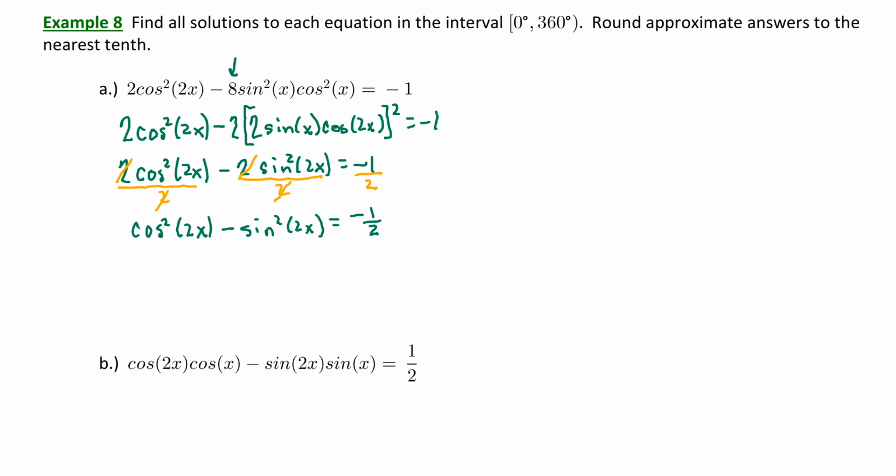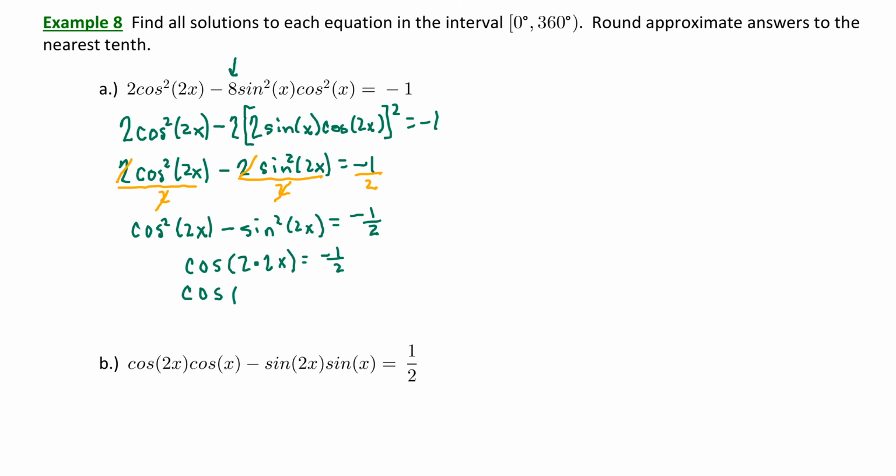But using our trigonometric identities, we can recognize that cosine squared of 2x minus sine squared of 2x is a double angle identity for cosine. That is, we can condense this into cosine of 2 times whatever that argument is. So that takes care of rewriting it in terms of a single trig function.